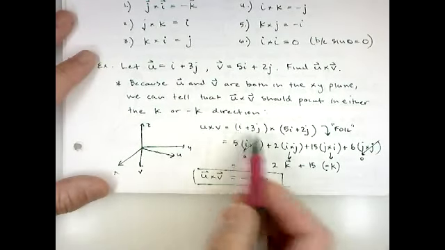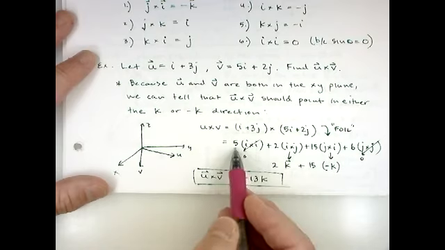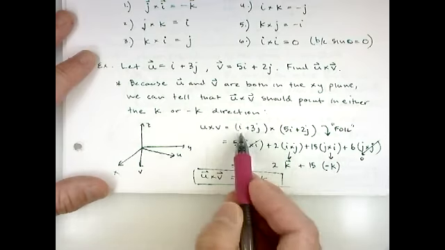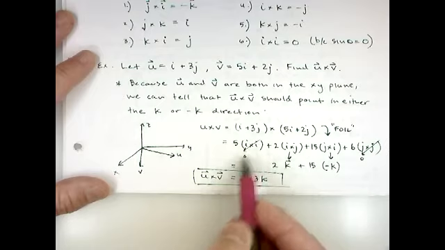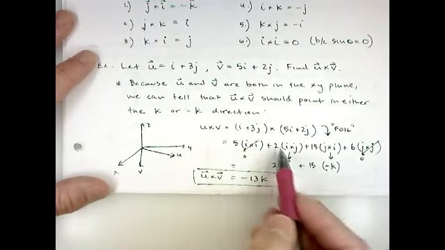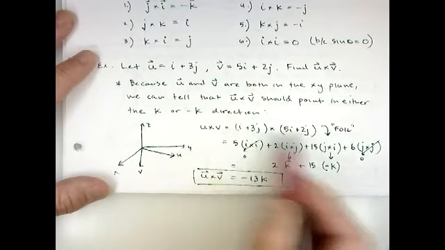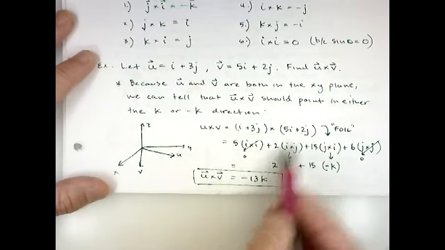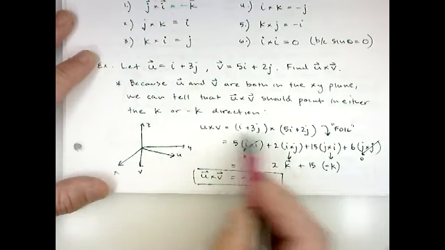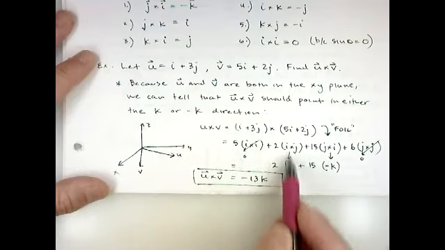So what you would do is take the coefficient, 1 times 5 gives me 5, but then I would have to do the cross product of i and i. But we know that came out to be 0. Then you would have 1i plus 2j. 1 times 2 is 2. And you would have to cross i and j. We figured out that that was k up above.